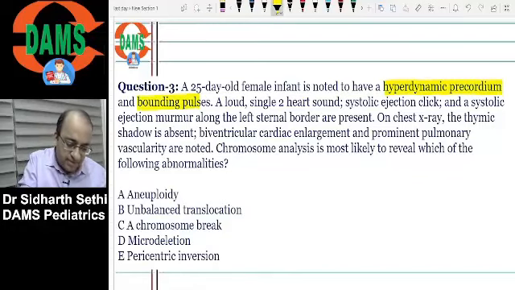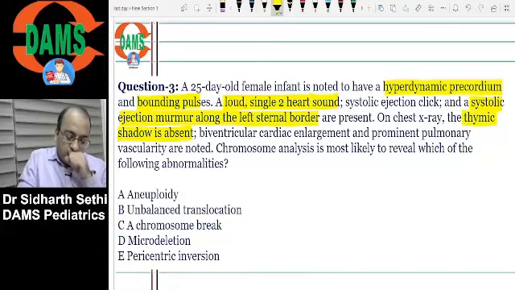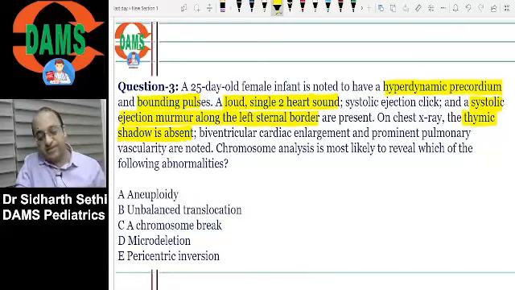There are bounding pulses, loud single second heart sound, systolic murmur. Thymus is absent. So what do you think this is?